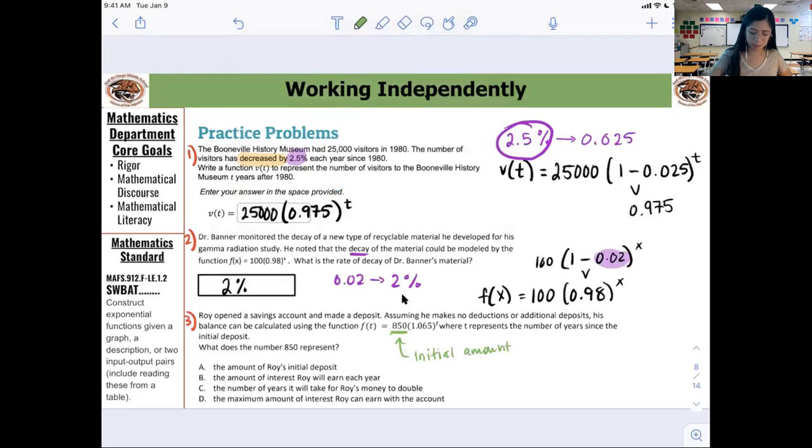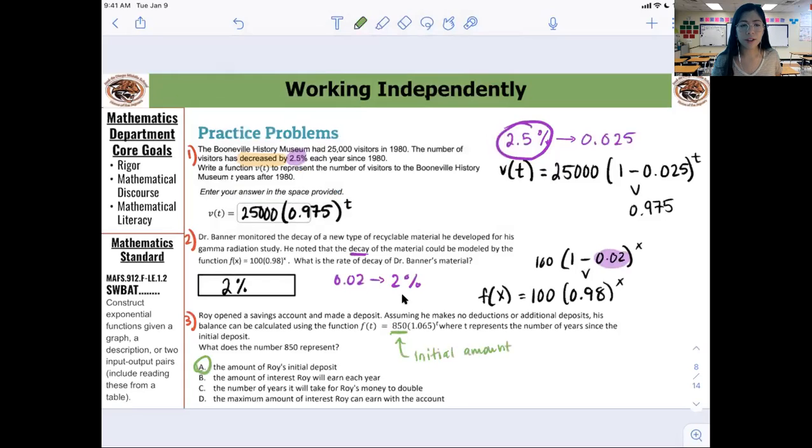We don't do anything to that number unless you're plugging in an input. So when you see a function, you always know that's your initial amount, the amount of the initial deposit. It doesn't represent time. It doesn't represent the interest rate. It's just what he started with.